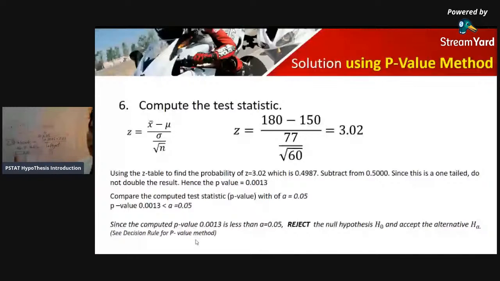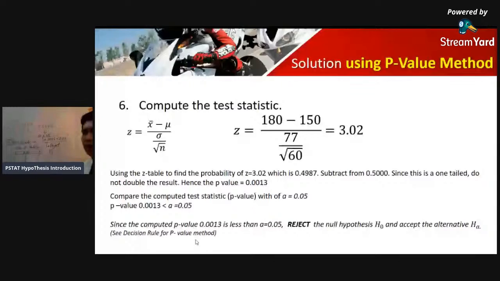So, if ever there is any possibility that my value would be greater than my alpha, you just try to analyze it.